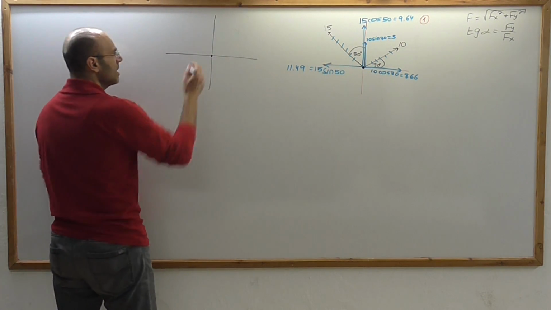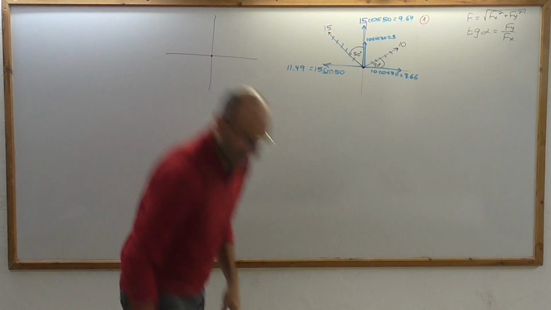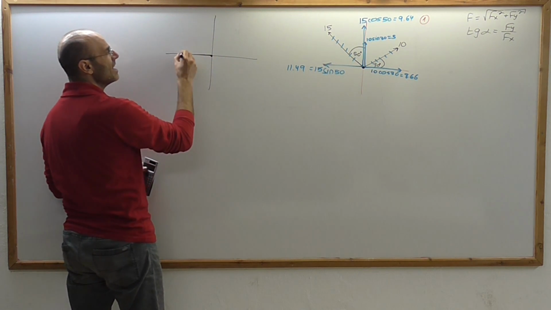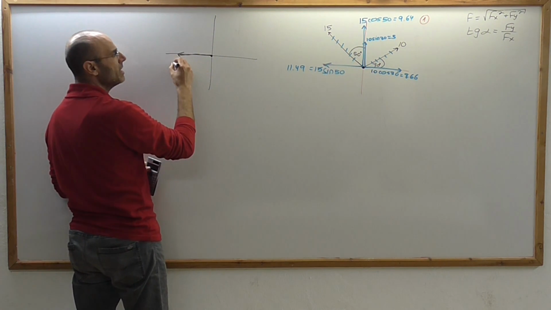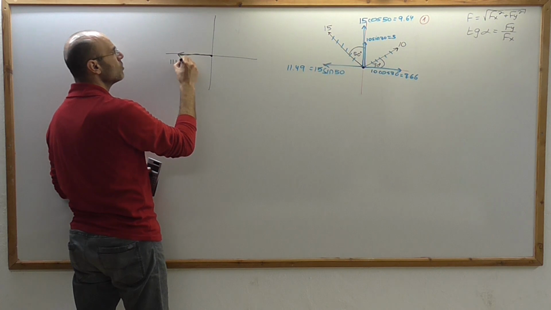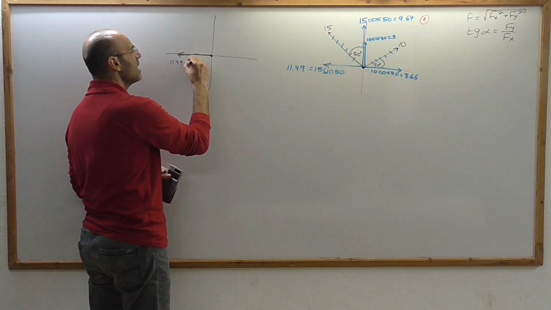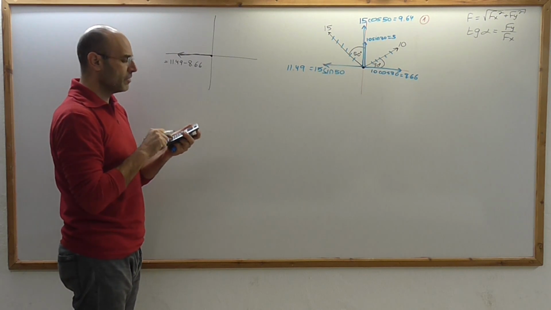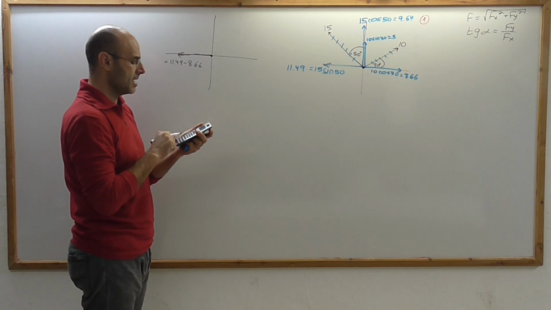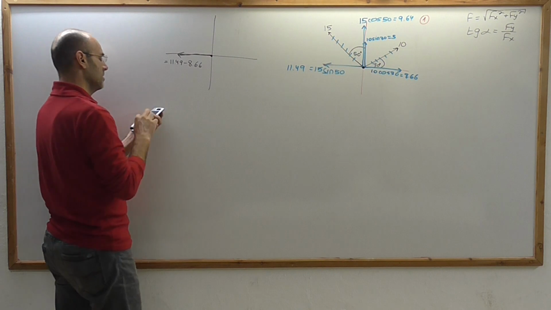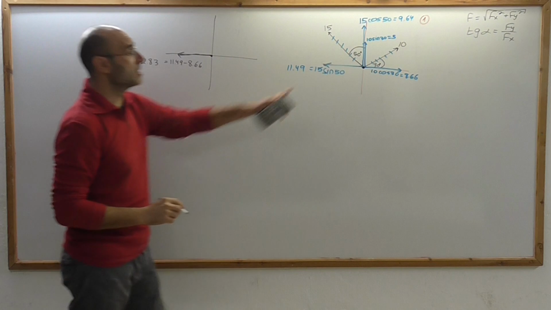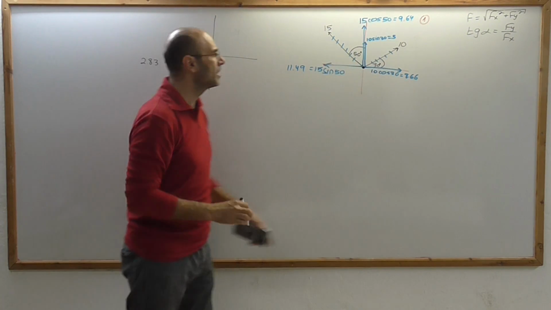So it will be in this direction, and the magnitude of this one will be 11.49 minus 8.66, which is 2.83.